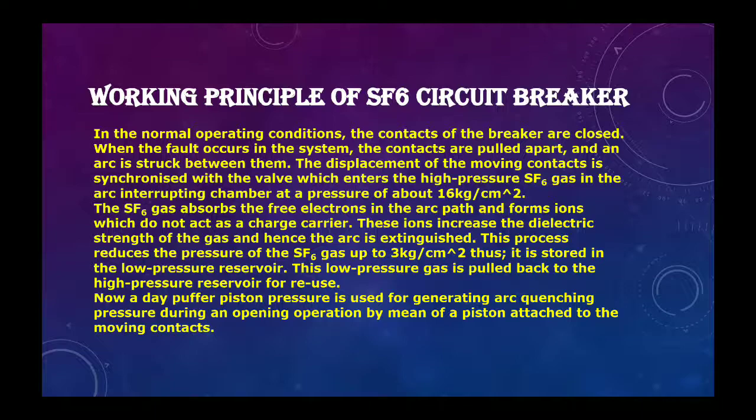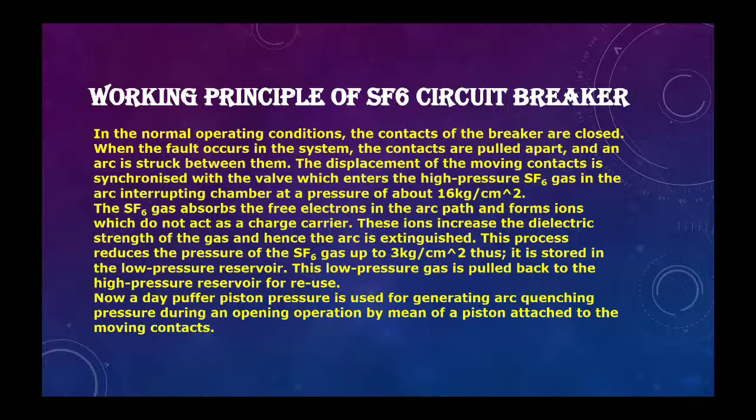The displacement of the moving contacts is synchronized with the valve which lets high pressure SF6 gas into the arc interrupting chamber at a pressure of about 16 kg per centimeter square.